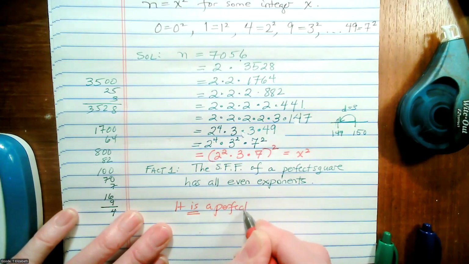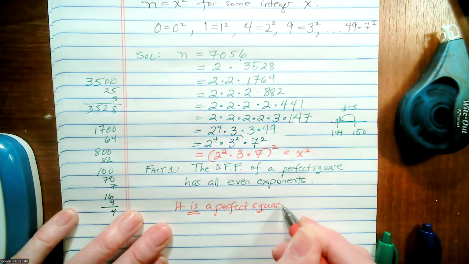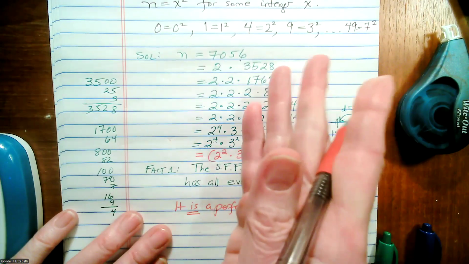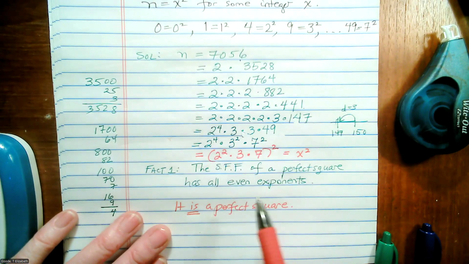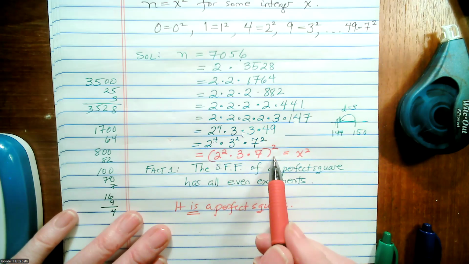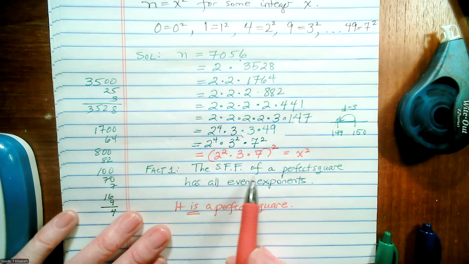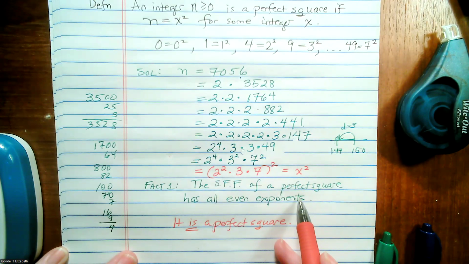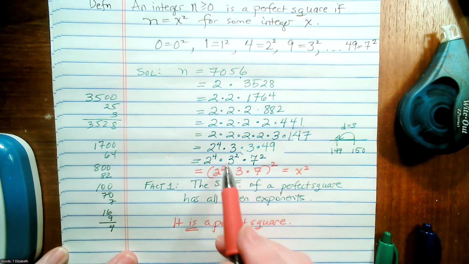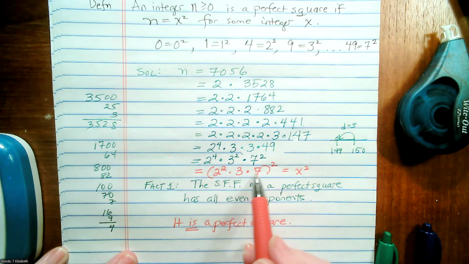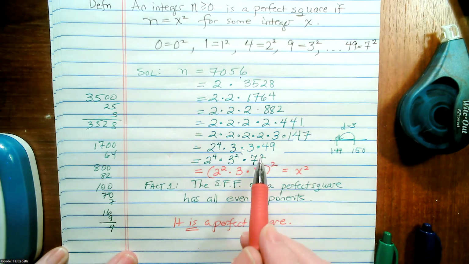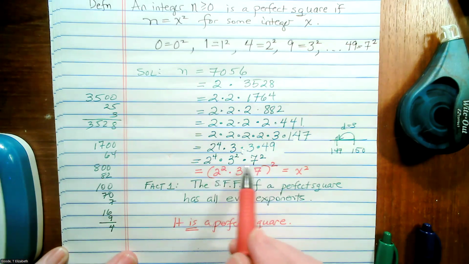There were a couple of ways you could get to that. You could just put it in your calculator, take the square root, and see that it was an integer. But this is really what I was looking for, for you to remember this fact that we proved in class: a perfect square has to have all these exponents even, not the bases, because a lot of primes aren't even, like 5, 7, and 11.